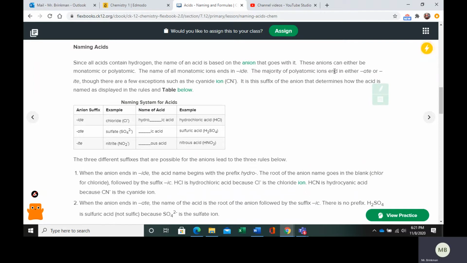The majority of polyatomic ions are going to end in either "ate" or "ite." One exception is going to be the cyanide ion, and we'll see how that works in a little bit. But the suffix of the anion determines how the acid is named.